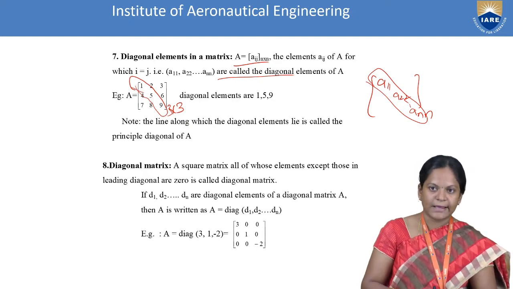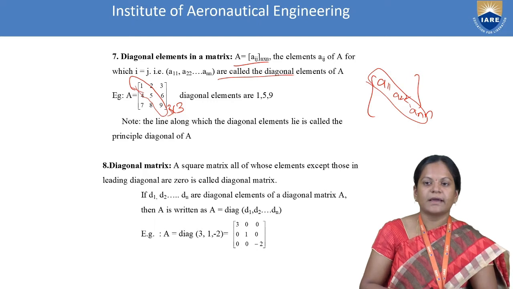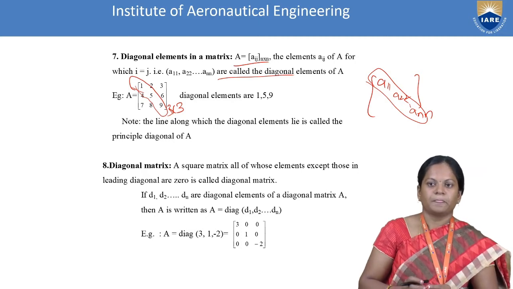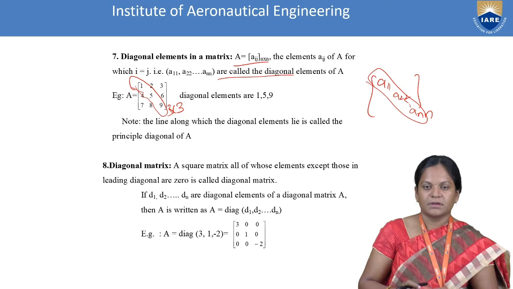Now go for the diagonal matrix. What is a diagonal matrix? A square matrix, all of whose elements except those in the leading diagonal are 0, is called a diagonal matrix. Generally the diagonal elements are the Aij's where i equals j. But in a diagonal matrix we have only diagonal elements, and the remaining entries are zeros.